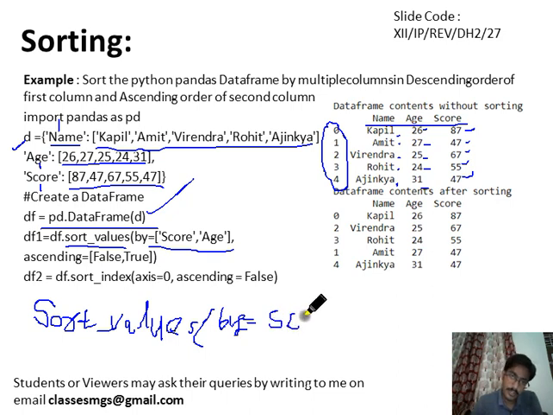If you want to sort by score, then you can write like this. You want to sort by score and then ascending. Please write completely. I am not writing completely because I don't have an electronic pen, so it is difficult. Ascending equals, let's suppose, False.